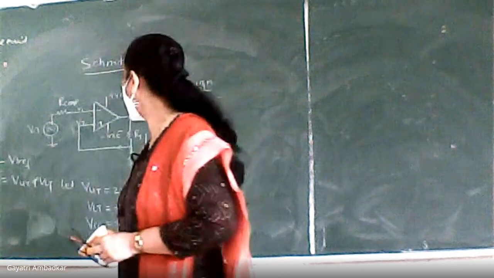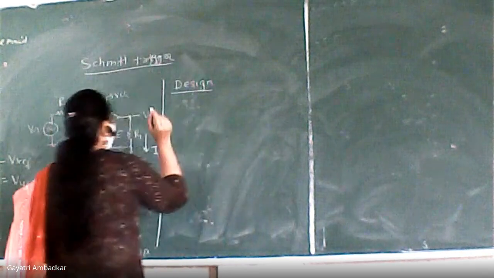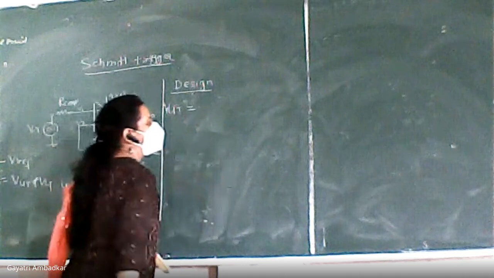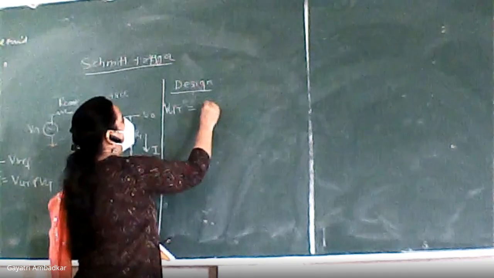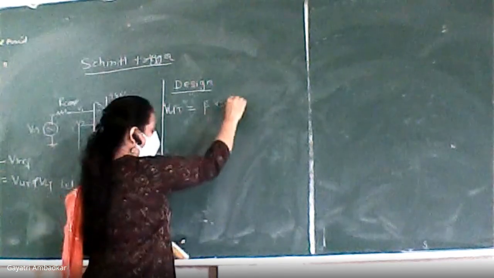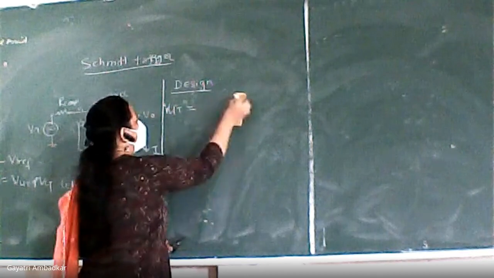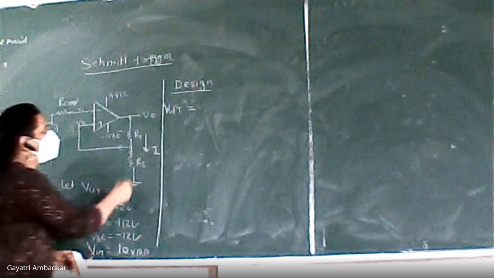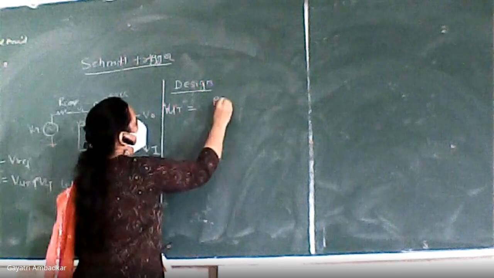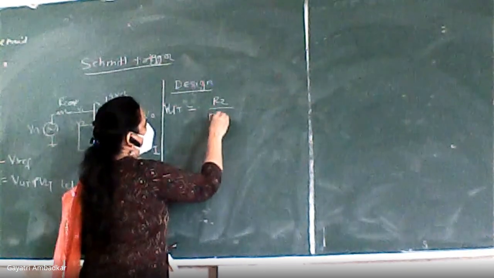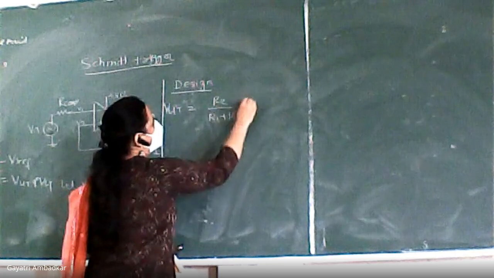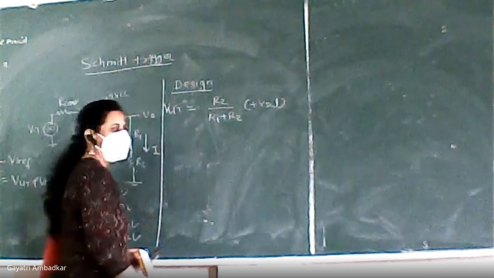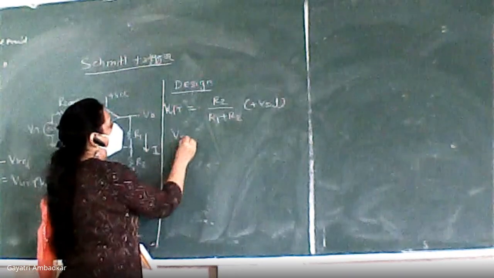Let's design the circuit. What is given? So what is VUT? If you don't remember, this is the voltage at this point, and it is equal to, just now we have derived, R2 upon R1 plus R2 into plus Vsat. How to find Vsat?